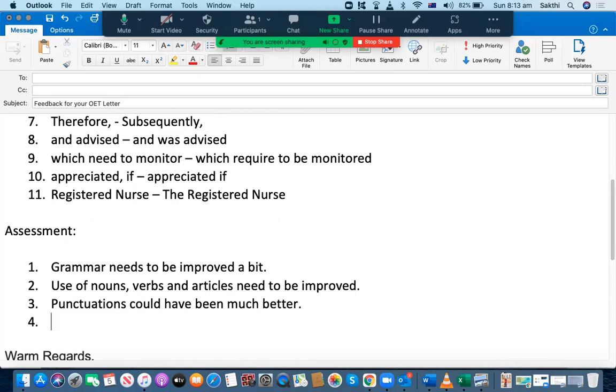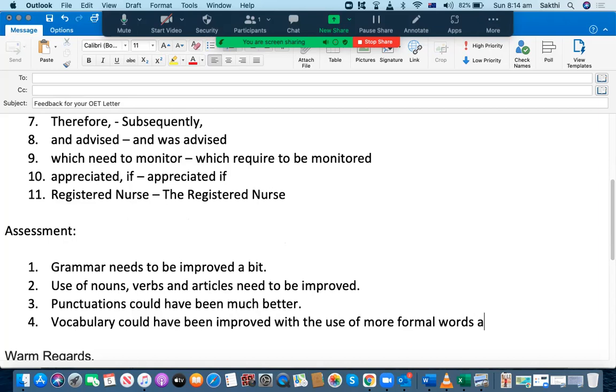Okay, all right. Another thing is vocabulary. Vocabulary could have been much better because you could have used more formal words and synonyms. Okay, so it's better to use formal words. For example, instead of writing down which need to be monitored, it is better to write down which required to be monitored. Okay, that's another one.